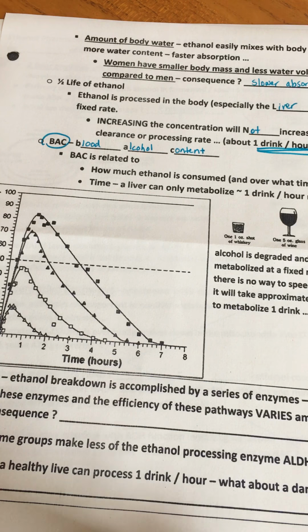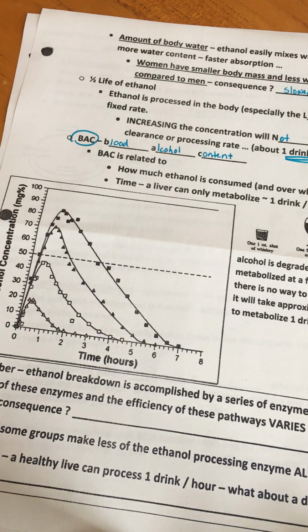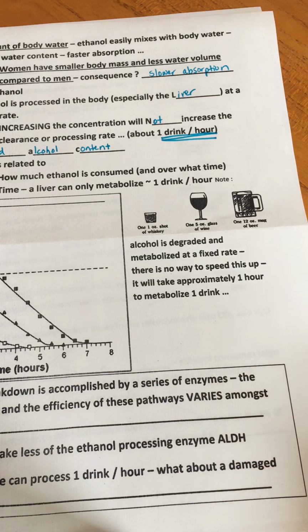I didn't get it because I didn't want to deal with it, but you could type in the amount of drinks you have, your body weight, and the type of drink, the percentage of alcohol, and you can determine your blood alcohol content. So you can calculate numerically on your phone what your blood alcohol content is, so you can make sure that you're behaving responsibly. I'm not totally sure all of you will do that, but the function is there. If you ever wanted to take a look at that, I think that's pretty cool.